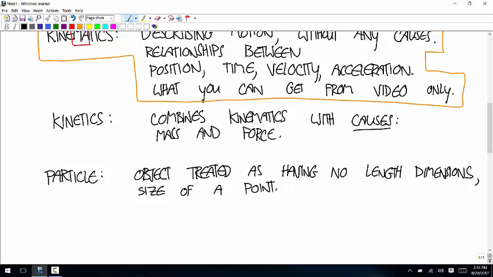And so because you're treating things as having no size, there's no way to discuss the orientation of an object you're treating as a particle. So there's no orientation, because you can't tell what part of it is aiming this way or that way.